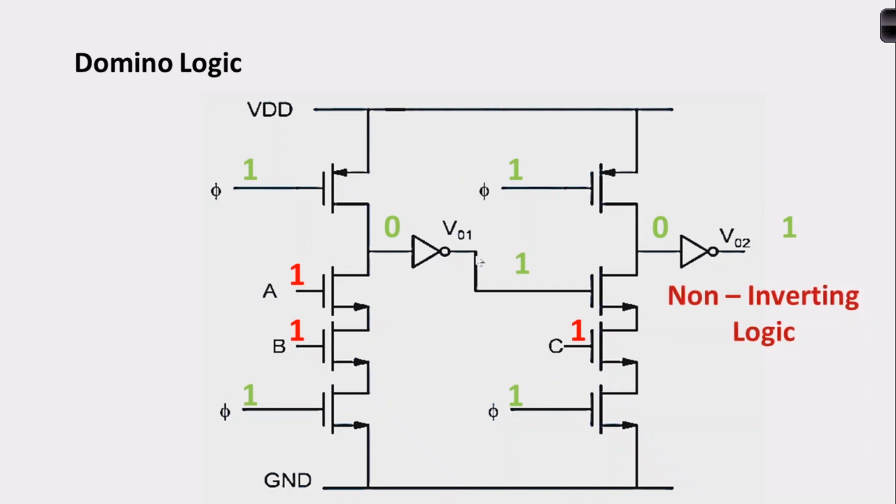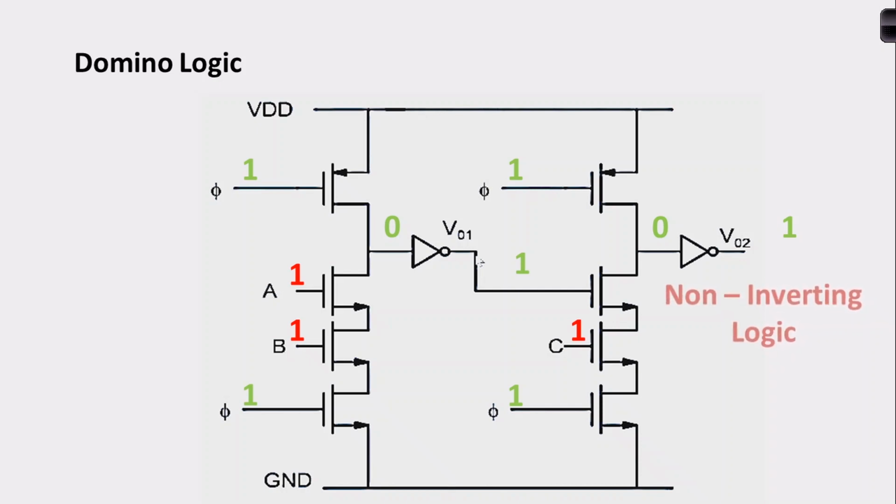Like how we looked in terms of pseudo NMOS, again it is a ratioed logic. In order to overcome ratioed logic, we introduced dynamic logic, but that dynamic logic also has a price: I won't be getting it cascaded with other circuits, and a floating VDD was also a problem.